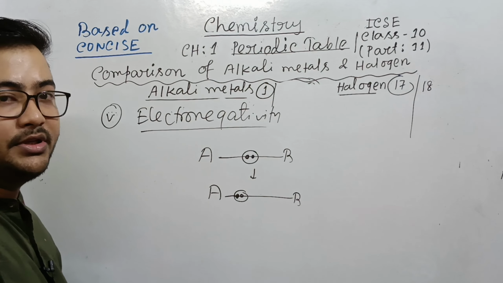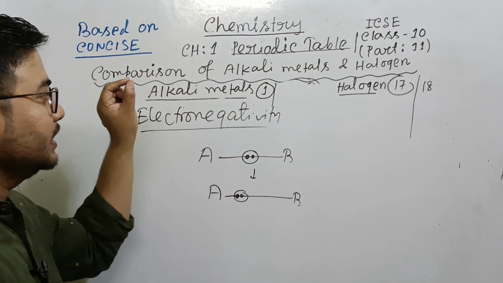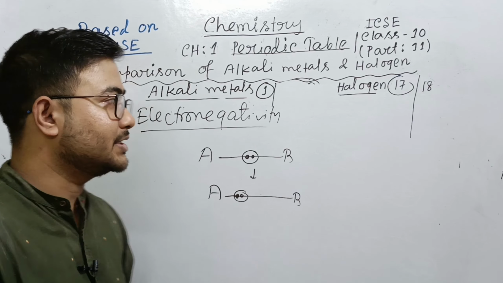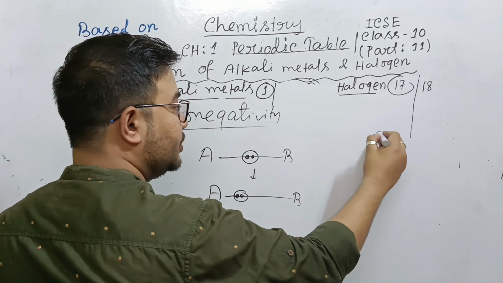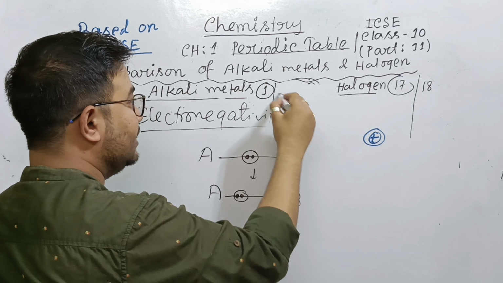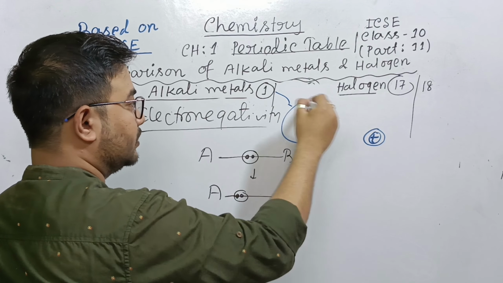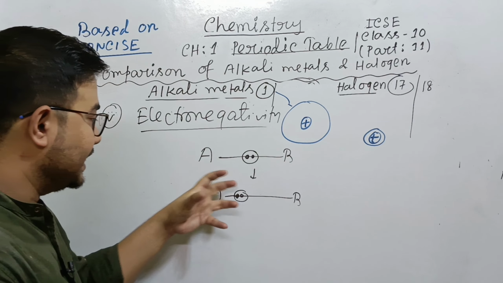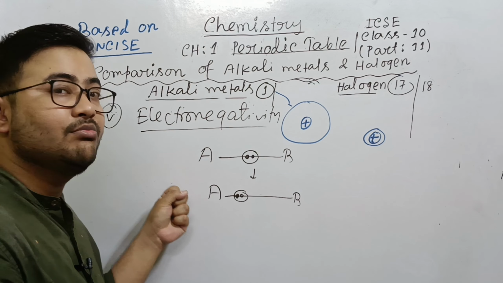Now can you tell me which has more attraction, any one of the alkali metals or any one of the halogens? Obviously halogen, because halogen has less radius, whereas alkali metal has comparatively more radius, so the attraction is more and it can attract the electron with more force.